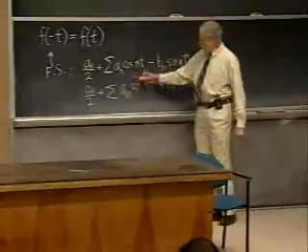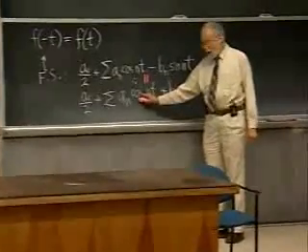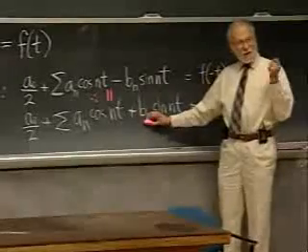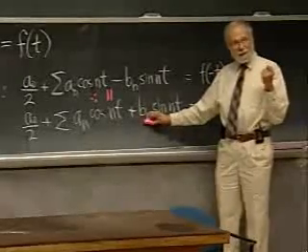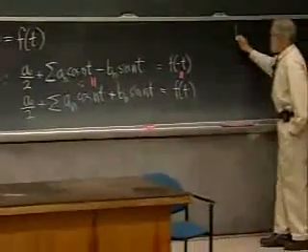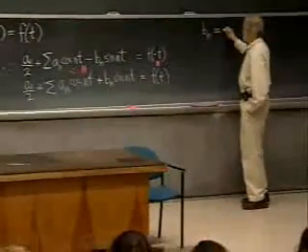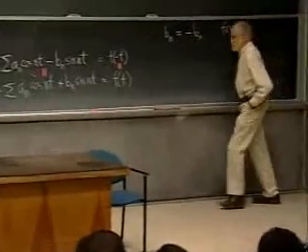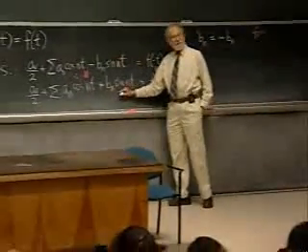Now, there's no problem with the cosine terms. They look the same. On the other hand, the sine terms have changed sign. Therefore, it must be the case that bn is always equal to negative bn for all n. That's the only way this series can be the same as that one.